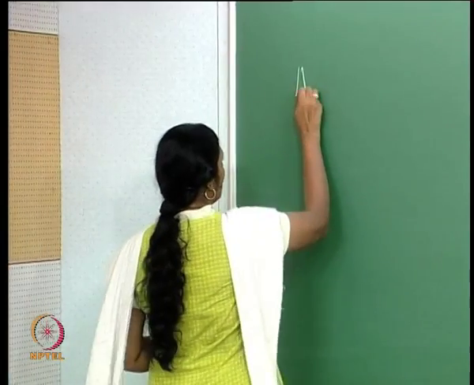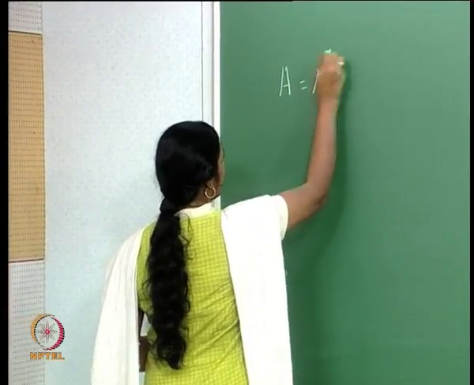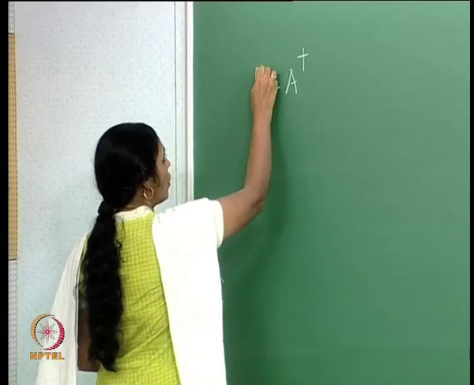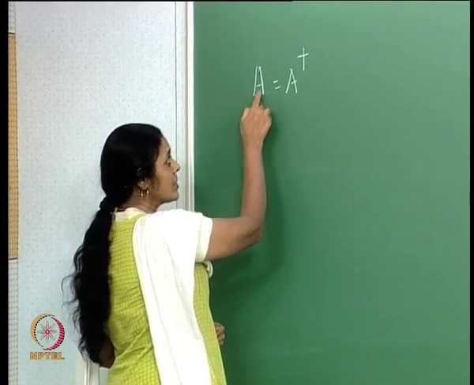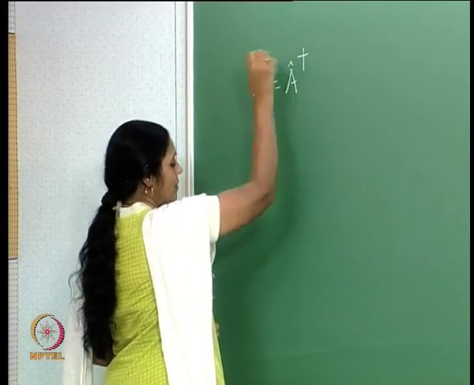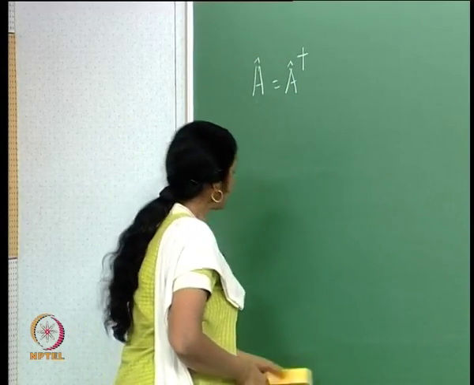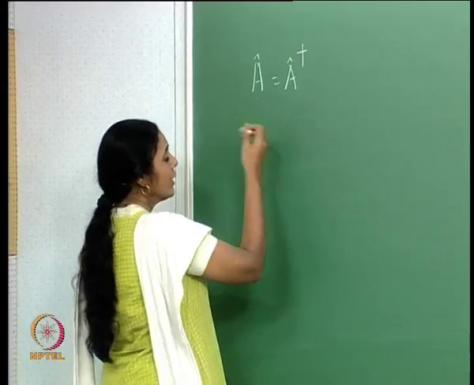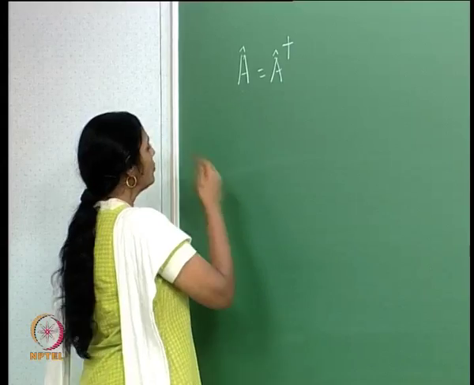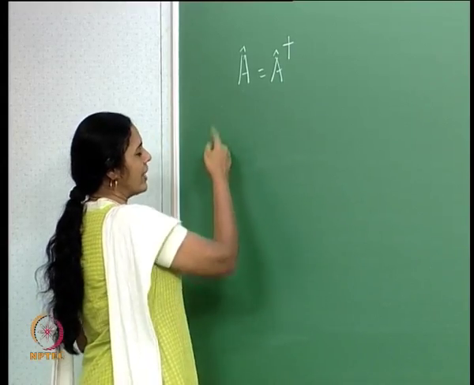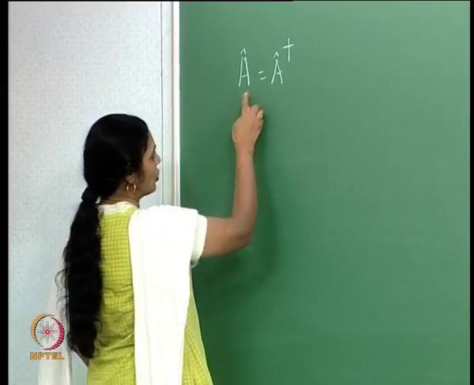Let A be a Hermitian matrix. Of course, in order to show that this is an operator which is represented by a matrix, we could put a hat on top. I would, for the sake of simplicity, dispense with the hat, and we will remember at the back of our mind that A is a matrix and a Hermitian matrix.